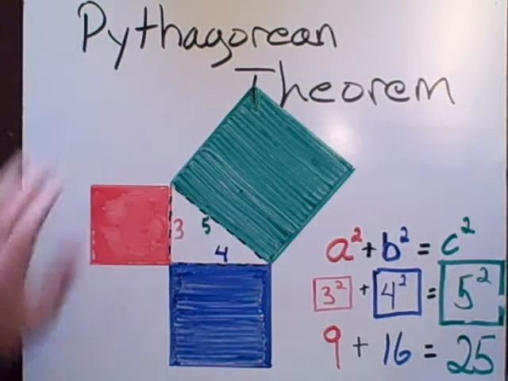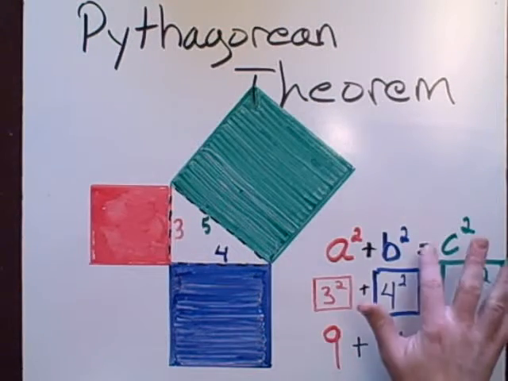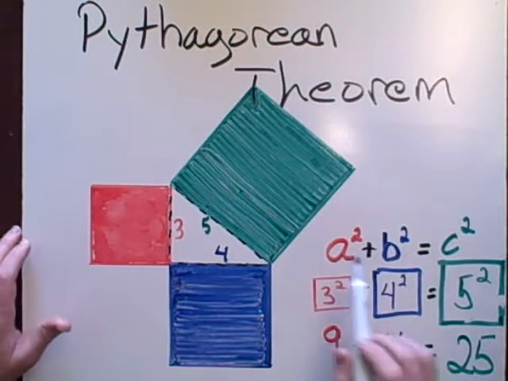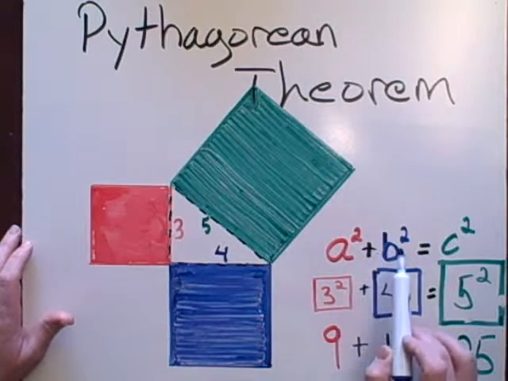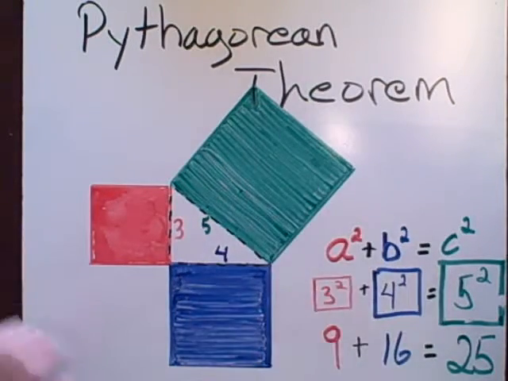So again, the Pythagorean theorem states that a squared plus b squared equals c squared. Or you could say the leg squared plus the other leg squared equals the hypotenuse squared, or the diagonal.